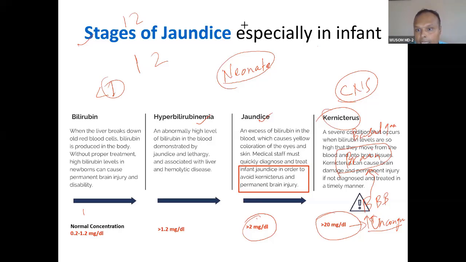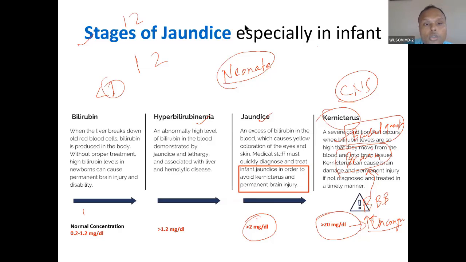The basal ganglia is related to motor function. If it is damaged, uncontrolled motor function can be seen in such infants.